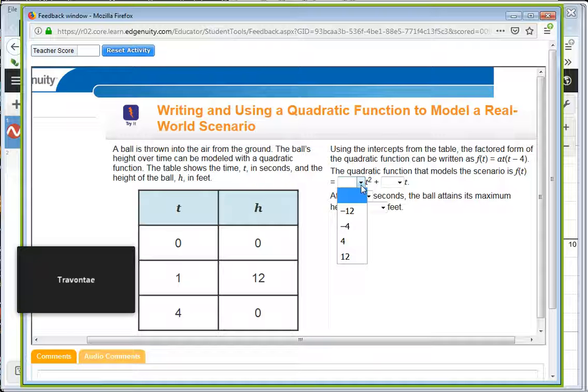Then multiply the factors to write the equation in standard form. X-intercepts and another point that lies on the parabola can be used to write a quadratic function.